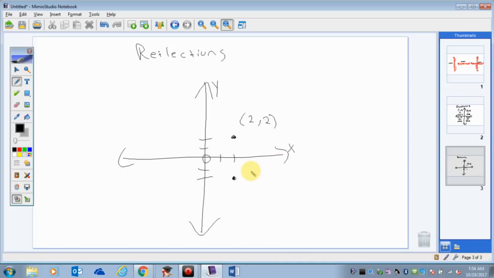So that right here would be 2, negative 2, the reflection over the x-axis. If I said to reflect it over the y-axis, then it's just going to go over to here. It would be the same amount.